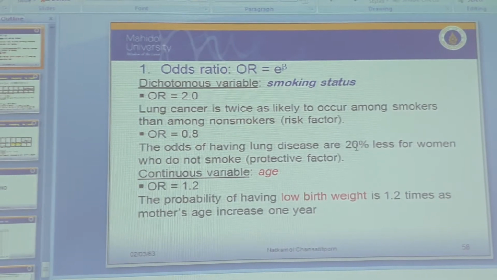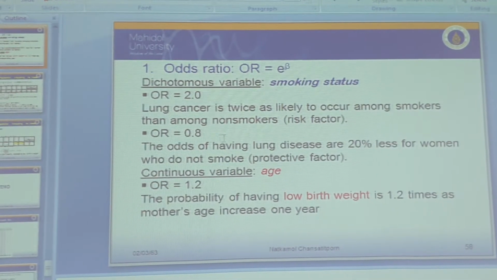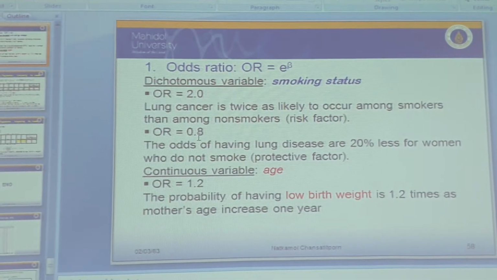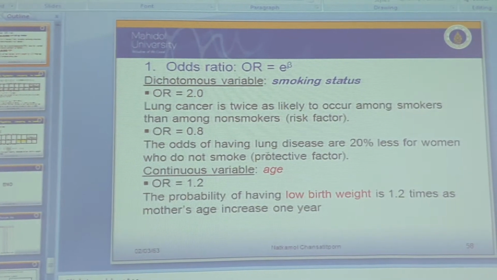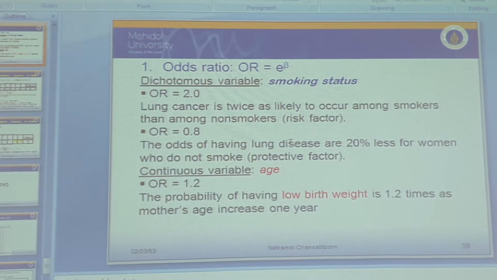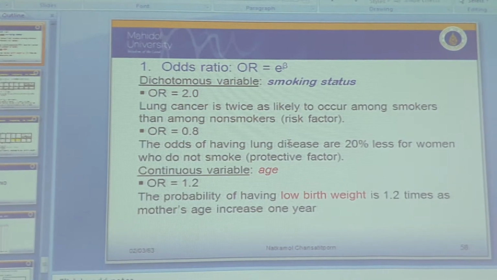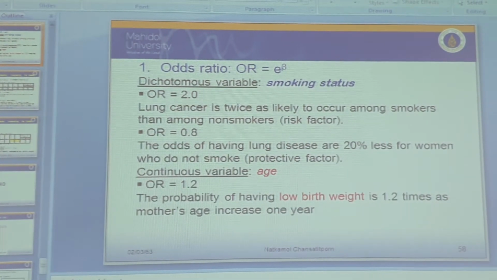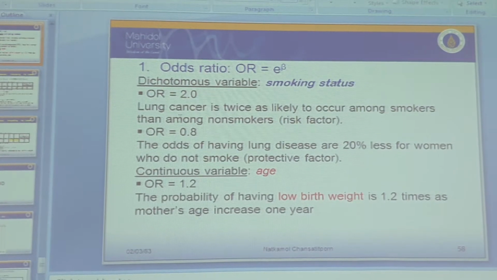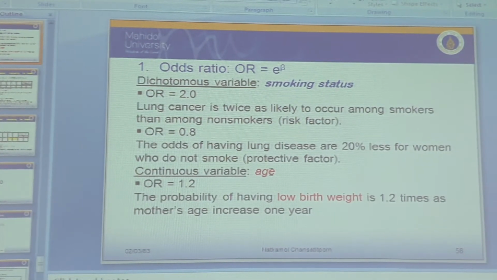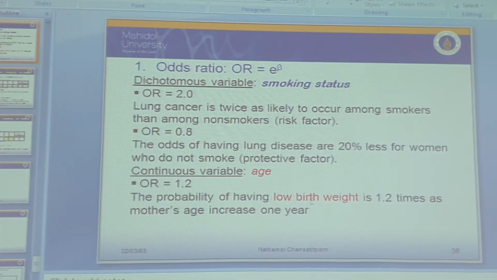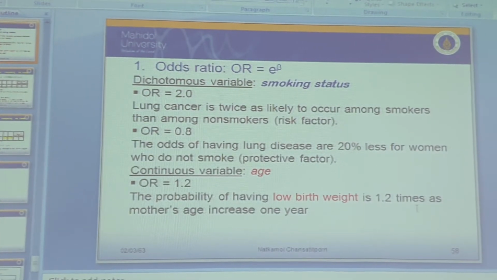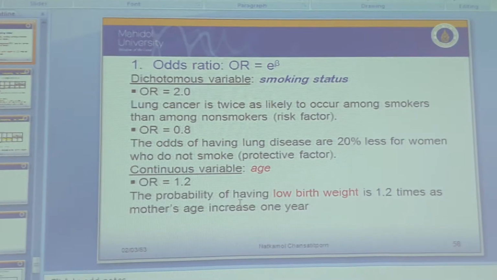The 20% comes from 1 minus 0.8, made into a percentage, and talked about in terms of decrease or less. But if your variable is continuous, for example age, and you got an odds ratio of 1.2, this means the odds of having low birth weight is 1.2 times as much for each 1 year increase.